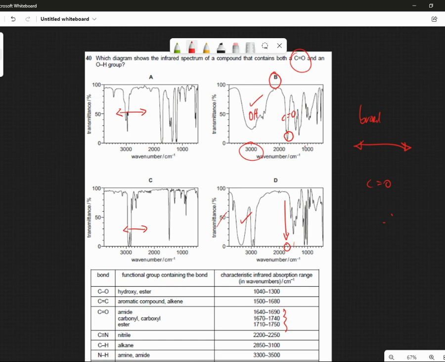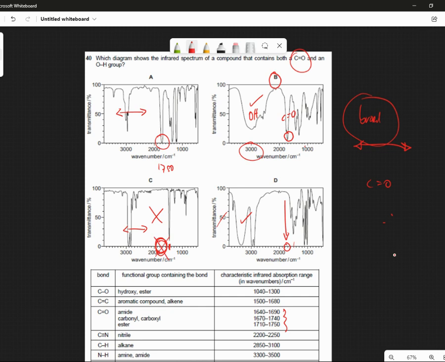I totally agree with you, because look at A. If you didn't know the OH is broad, A is a possible answer, because that looks around 1750, isn't it? Do you follow me? It can't be C because there's no 1750. This is about 1500. 1750 is about there.